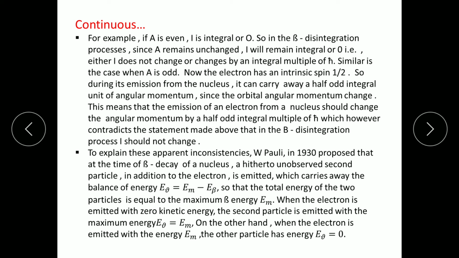Then and only then will our contradiction be solved. He proposed that unobserved second particle as the neutrino.